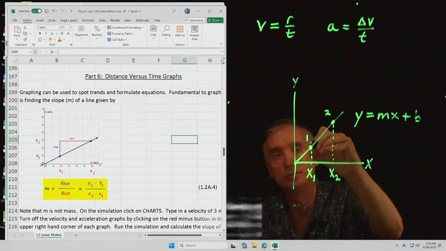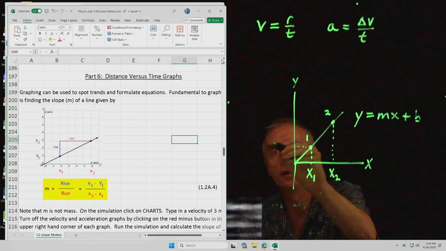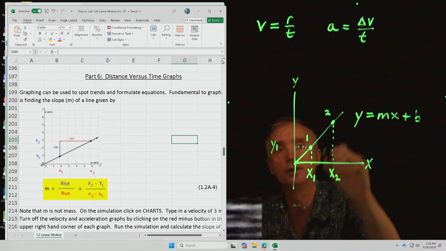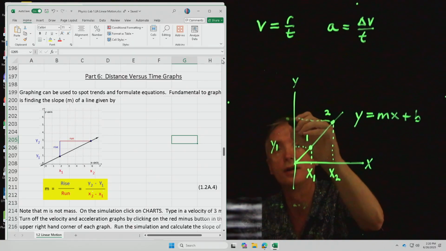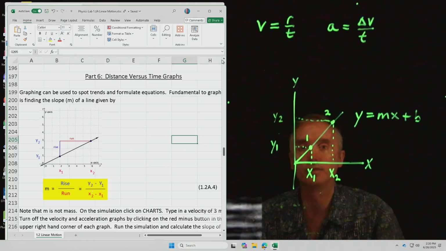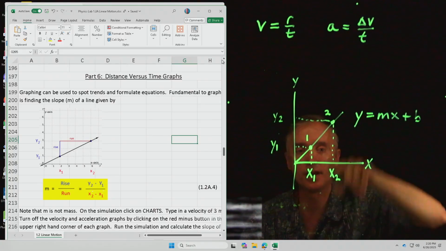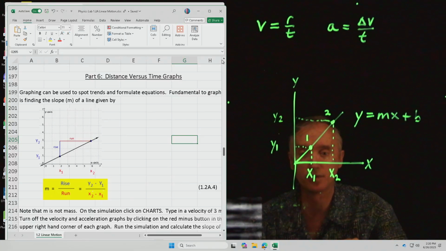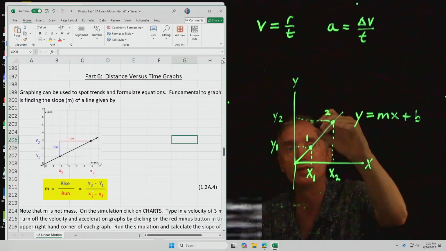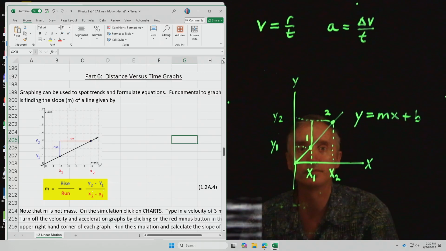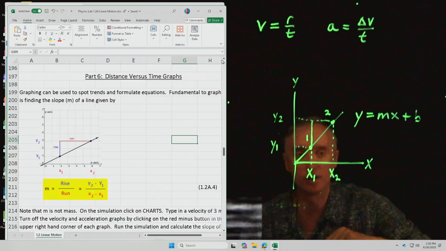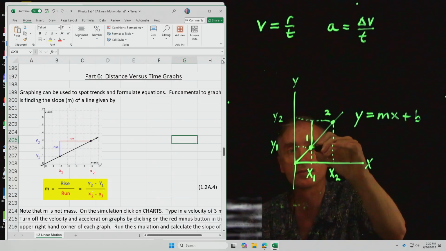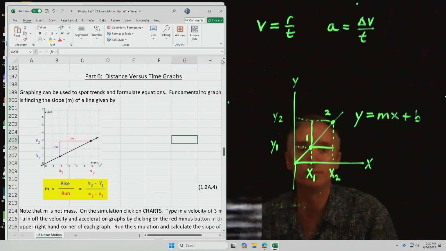And then we could go this way over to here, and this would be y1, and then go this way over here, and this is going to be y2. And then the change in the up and down part is rise. So when you get out of a chair, you rise. You're going up. So this distance going up is going to be the rise. And then when you run sideways, this distance going this way is going to be the run.